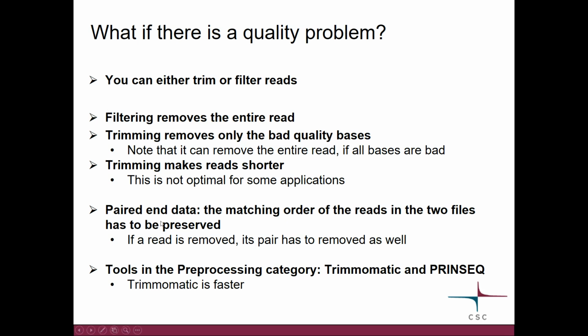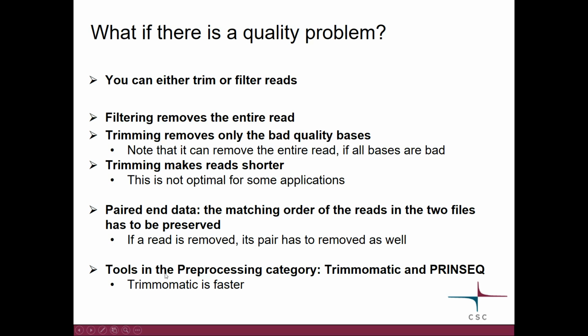If you end up doing trimming or filtering and you have paired end data like you have in the MySQL case here, then you need to be careful, because the reads in these two files are in matching order. If you remove a read from one file, then its pair has to be removed as well so that the order is preserved.